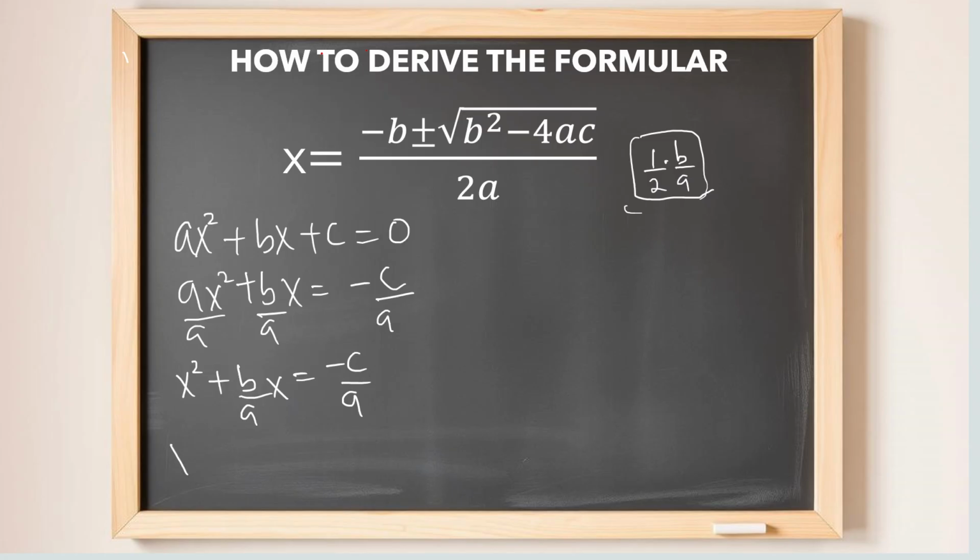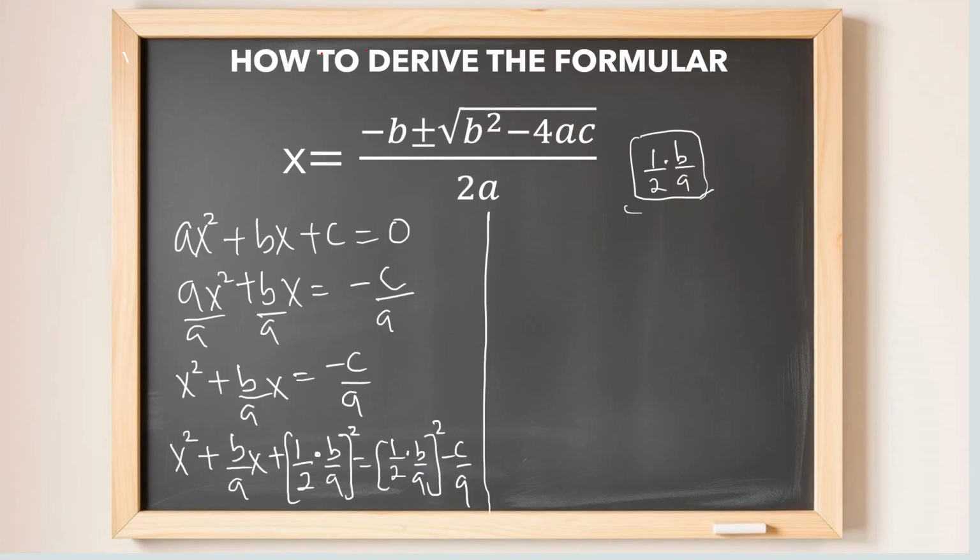So here I will be having x squared plus b over a x plus half of the coefficient, which is half times the coefficient b over a, and this is going to be squared, equals half times b over a squared minus c over a.